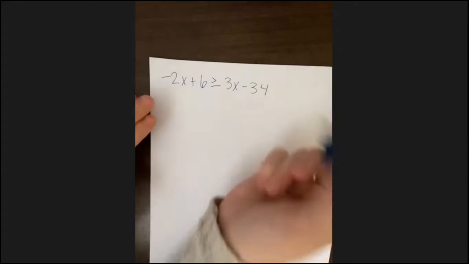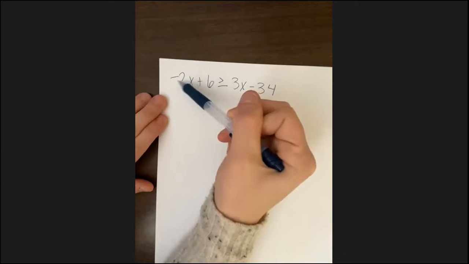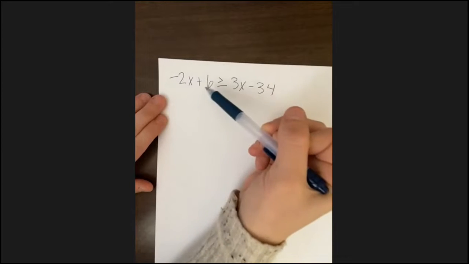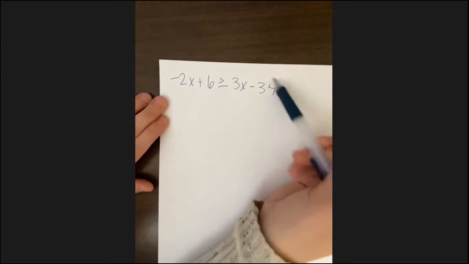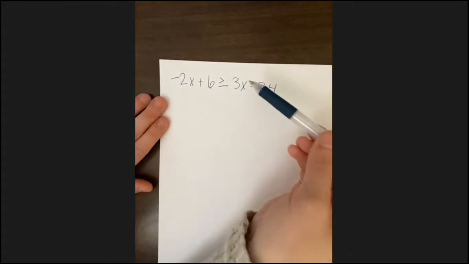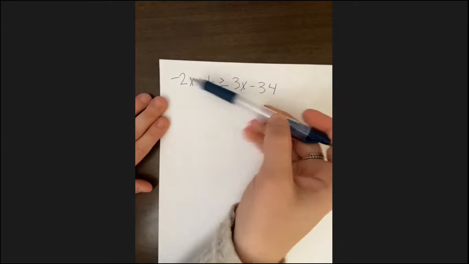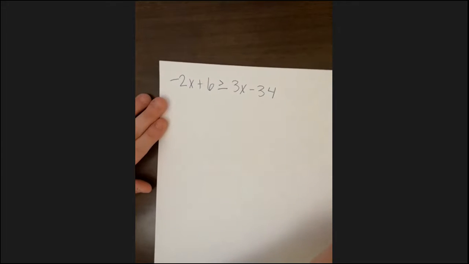You can either move this 3 over here and get the x's on this side, and then move the 6 over and get the numbers on this side, or you can do it the opposite way. You can move the 2 over here so the x's are on this side and then the numbers on this side. Whatever you want to do.